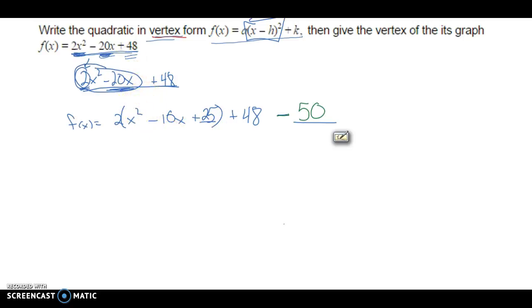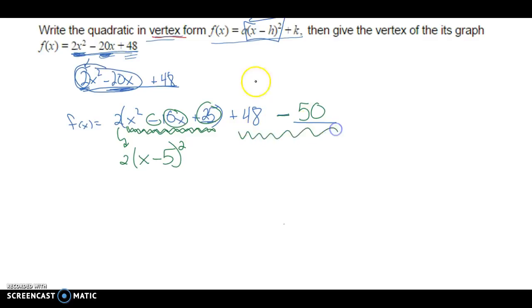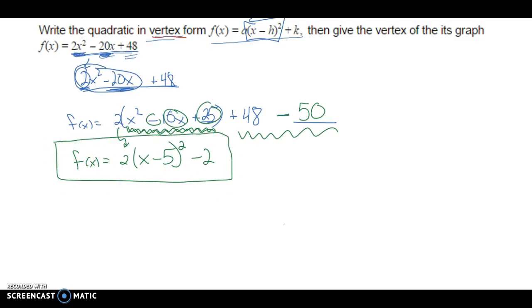So this portion that we just figured out, the whole point of this was to complete the square. We know from our sections on completing the square that I can rewrite this part as x minus 5, squared. This 2 just comes on down, and then these are like terms that combine to make negative 2. So now what I have is a brand new function. No, it's the same function, excuse me, written in a different form.